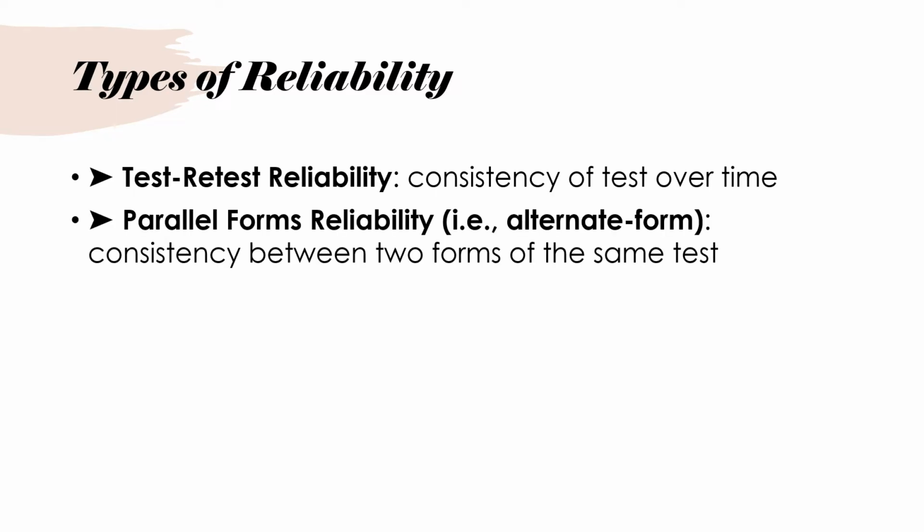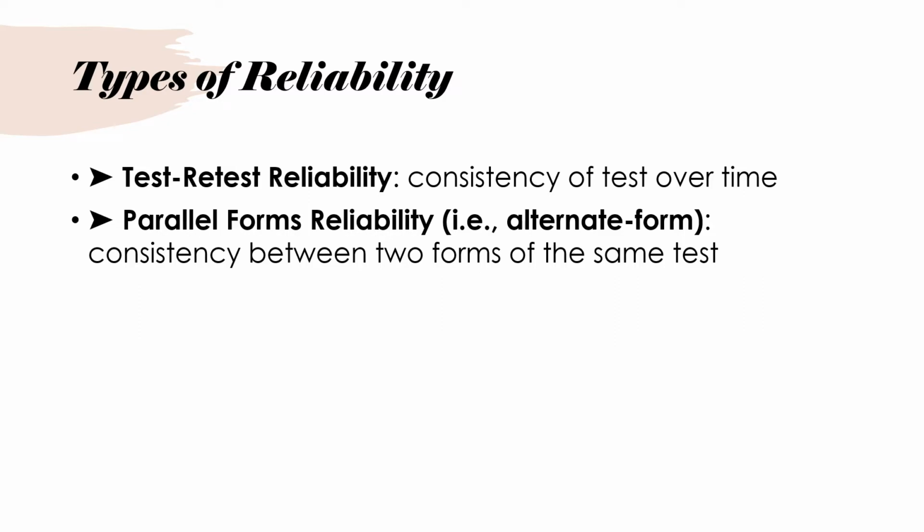Then we also have something called parallel forms reliability. Sometimes you'll hear people call it alternate form reliability. This is when there's consistency between two forms of the same test. You may have seen this in your academic career. If you've ever had a professor who gave more than one form of the same test, sometimes professors develop different forms that have different questions on them, but over the same content.